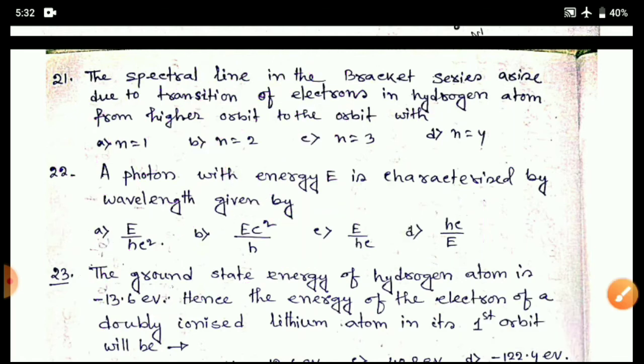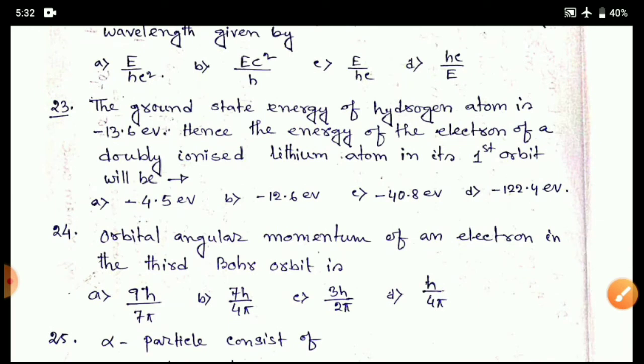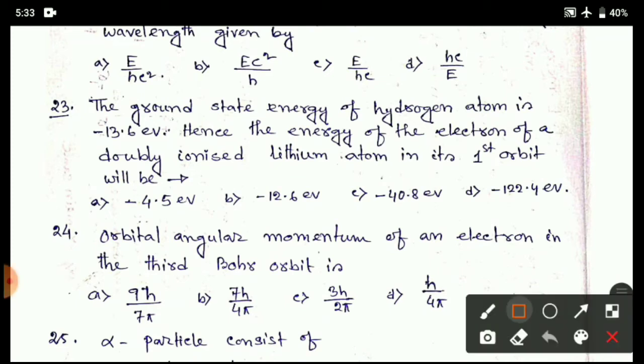Next is question 23. The ground state energy of hydrogen atom is minus 13.6 electron volt. Hence, the energy of the electron of a doubly ionized lithium atom in its first orbit will be.